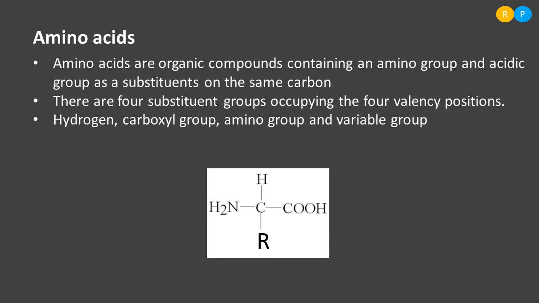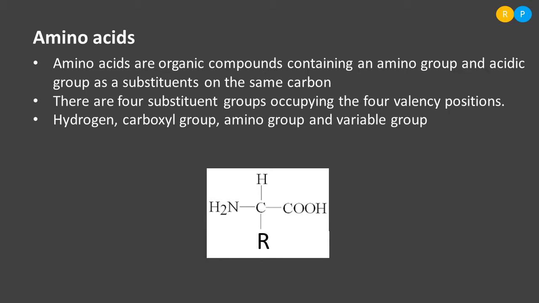There are different types of amino acids present in living organisms, right? Out of many amino acids, mainly 20 different types are involved in protein synthesis. Understood? Only 20 different types of amino acids are involved in protein synthesis.